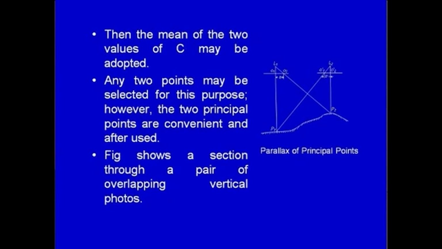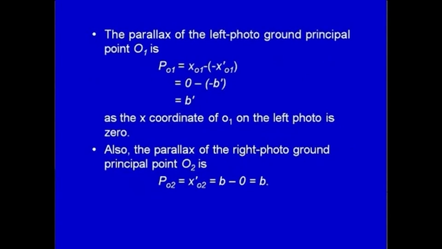Figure shows a section through a pair of overlapping vertical photographs. The parallax of the left photo ground principal point O1 is P O1 equal to x O1 minus x dash O1, or 0 minus b dash, or b dash, as the x coordinate of O1 on the left photo is 0.